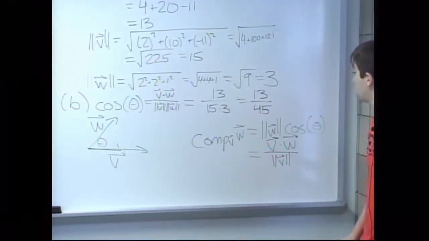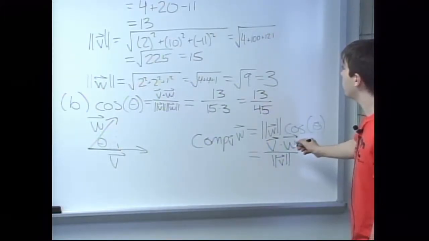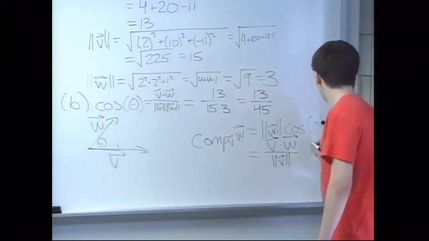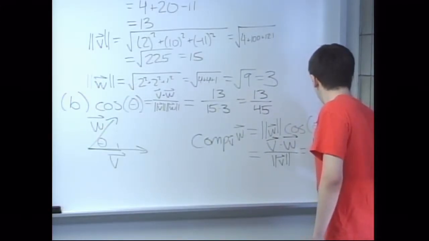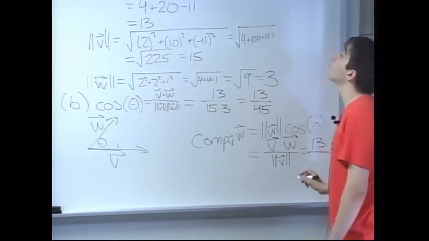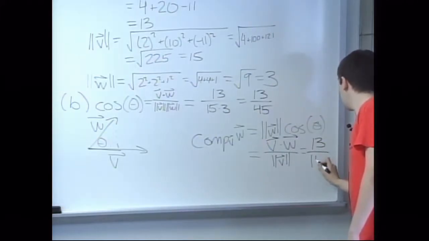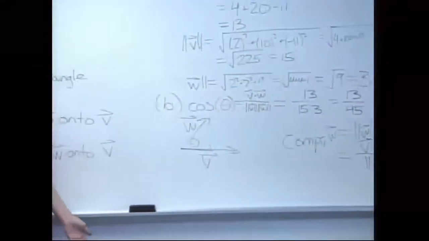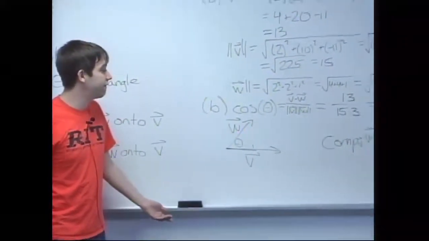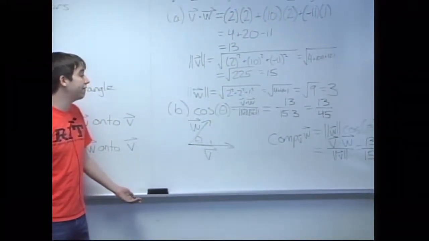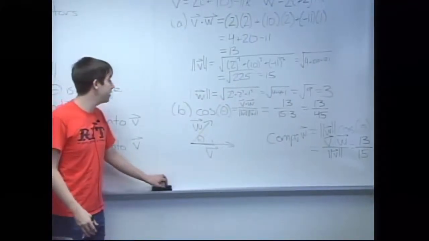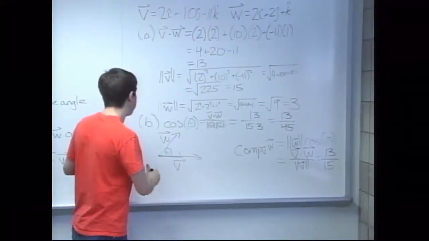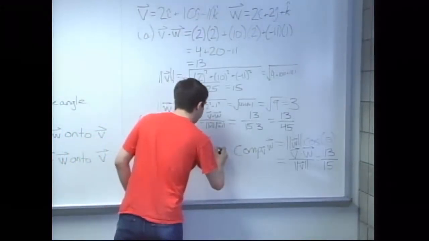So if you go ahead and plug those numbers into the formula really quick, v dot w is equal to 13, and the magnitude of v is equal to 15, and this gives the correct answer. So the component of w onto v is equal to 13 over 15. I'm just going to go ahead and erase what I have now. So that was problem C.